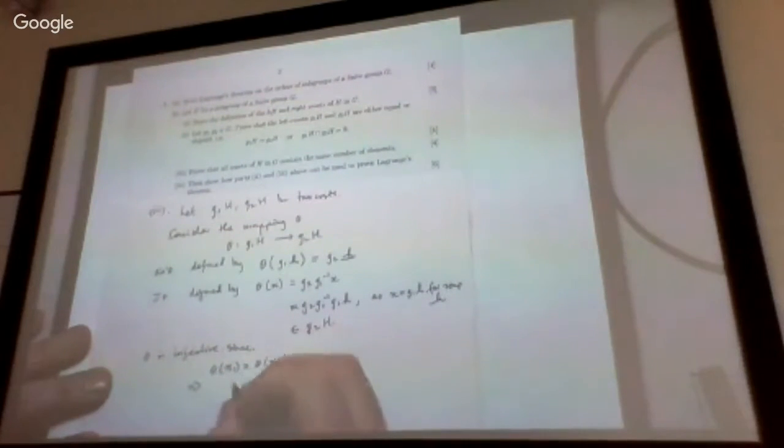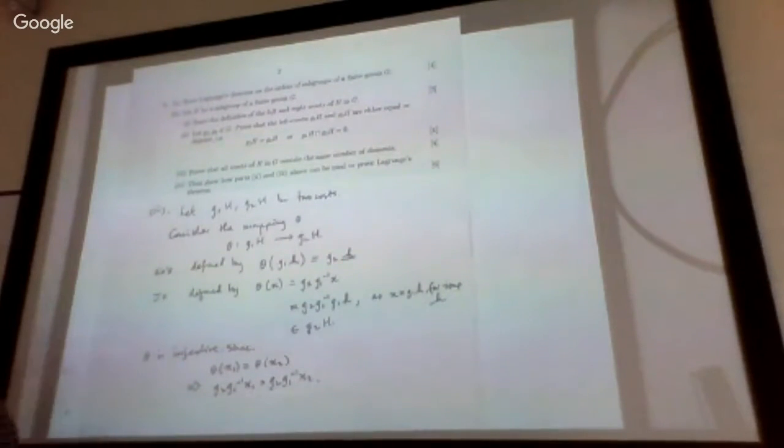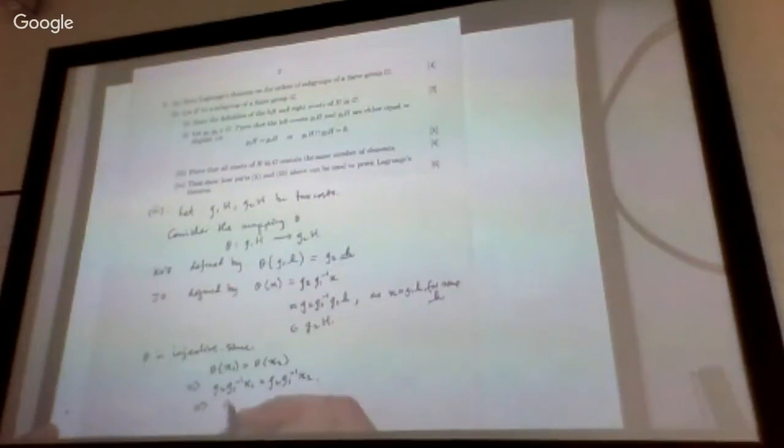That would imply, using this rule here, g2 g1 inverse x1 equals g2 g1 inverse x2. But then we can use the cancellation law. You've got the same element in the same position on both sides, you can strike it off. So that implies x1 equals x2 by cancellation law.